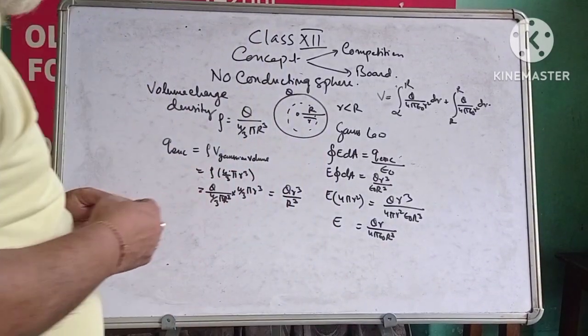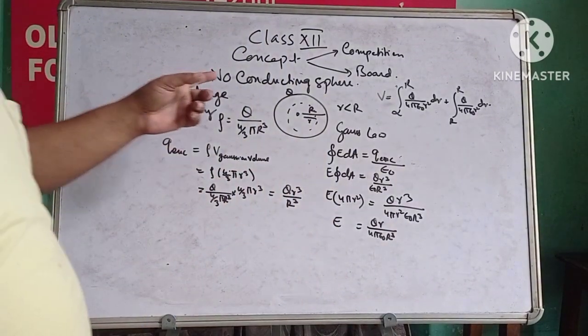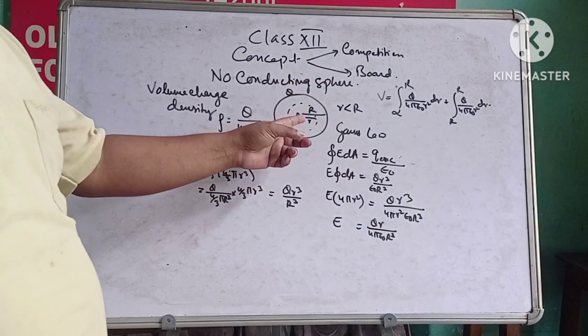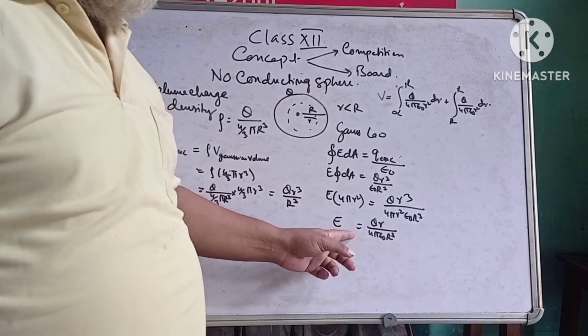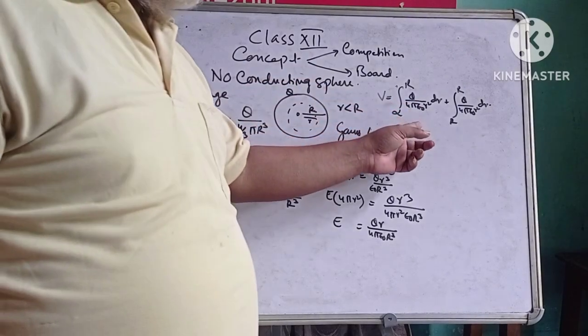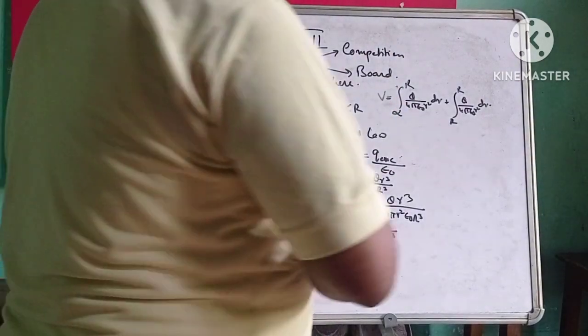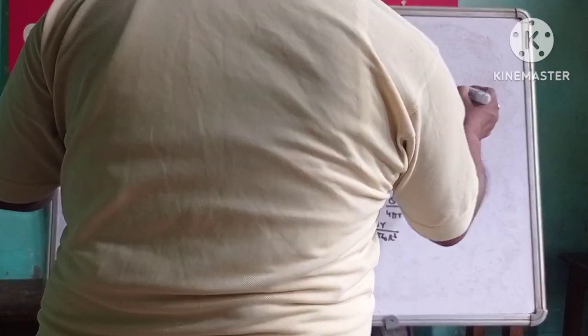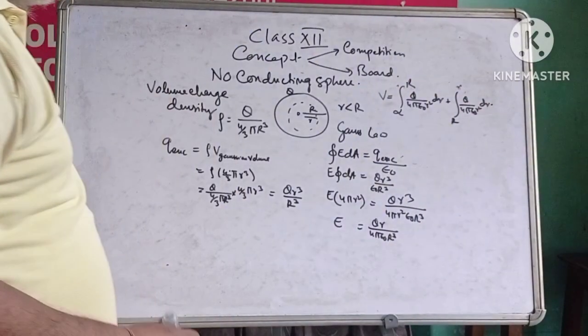So what is the difference here you find? If it is a non-conducting sphere, then there is an electric field inside the sphere, and electric field is this, and also we have potential this. And if you calculate this, you will get the potential.